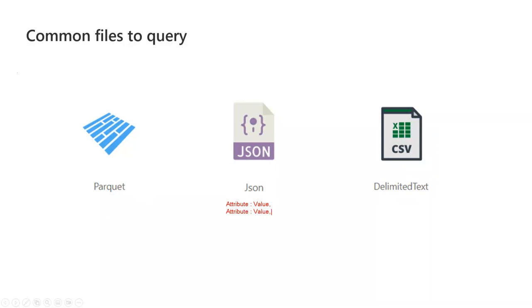And you will even be able to define some hierarchy between those attribute-value pairs, right? So that's the way a JSON document is structured, just having some attribute values.